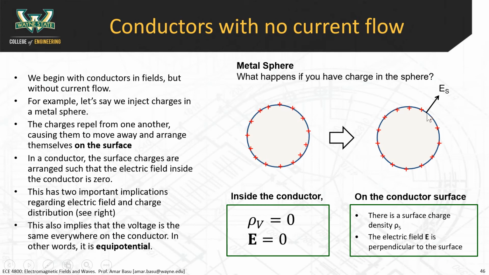First of all, there's a charge density on the surface, but the volumetric charge density inside the conductor, this rho v that you see here, is equal to 0, because all the charges are on the surface. And another very interesting implication is that the electric field inside the material is equal to 0.